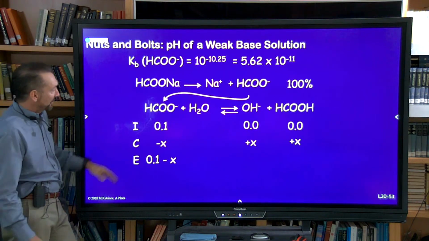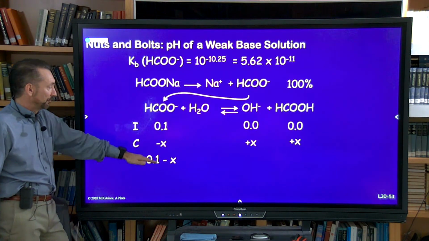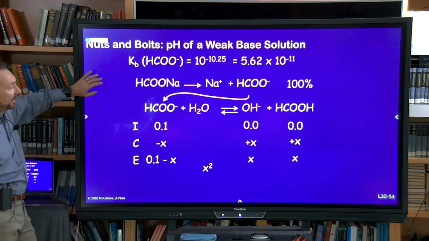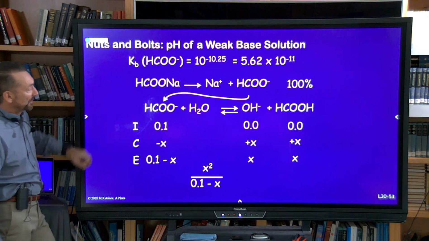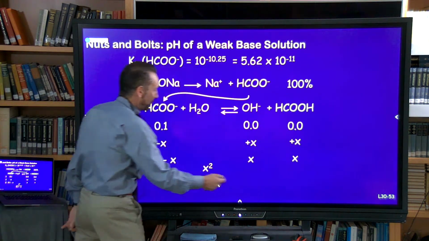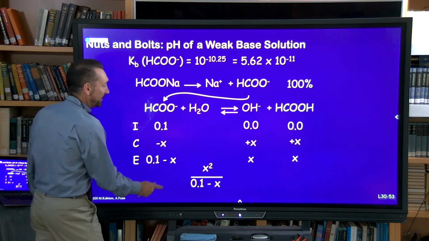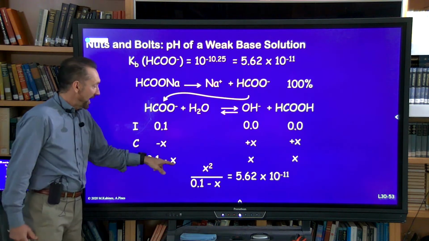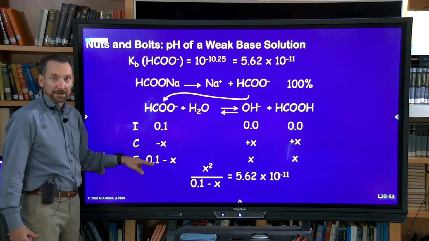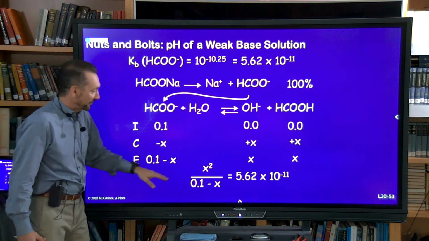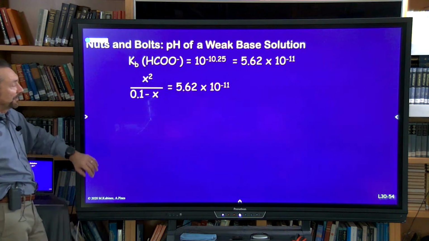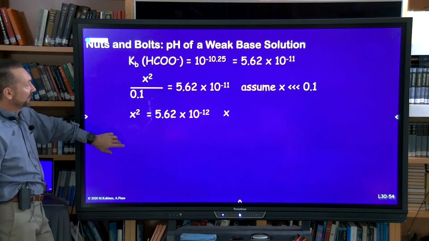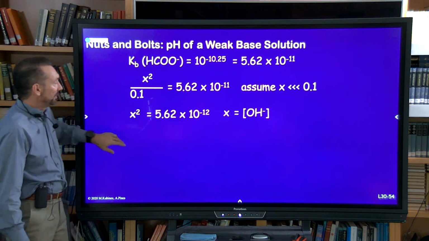The equilibrium concentrations then are the difference between those two things. 0.01 minus X, X and X. So you set that equal to the equilibrium expression. Products, X times X over reactants, 0.01 minus X. And because that K is very small, X is very small compared to 0.01. So you can neglect X in the denominator there, and you can say very simply, X is going to be the square root of that number.